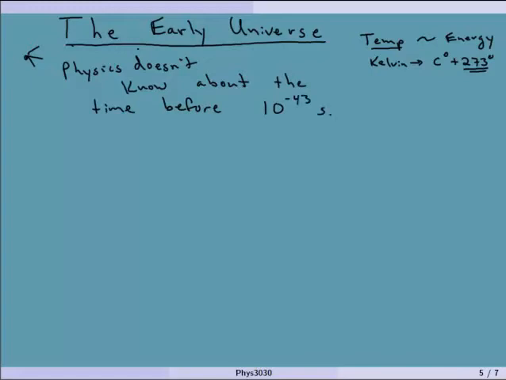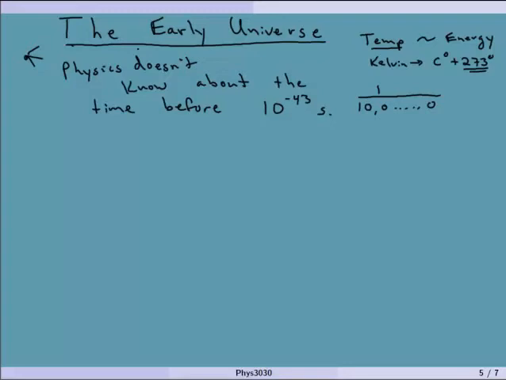Put this in your mind: this is 1 over 10 with 43 zeros behind it. 10 to the negative 43 of a second.